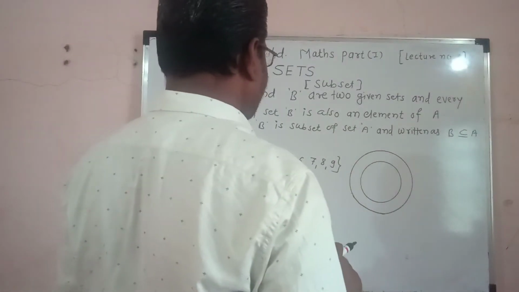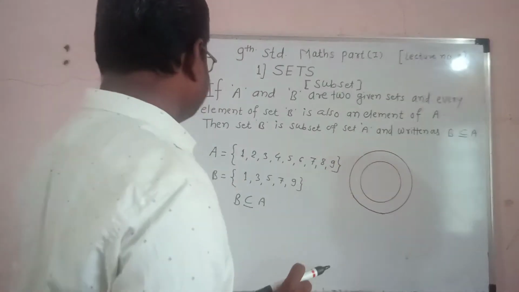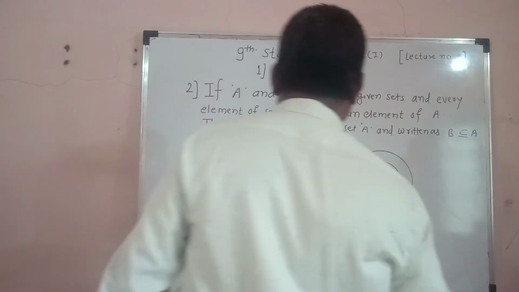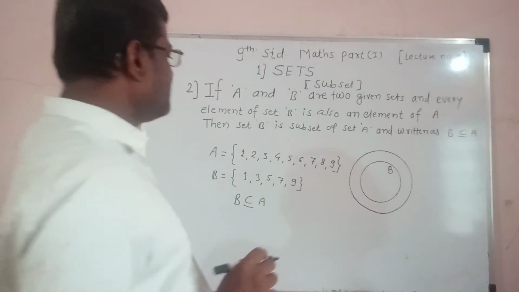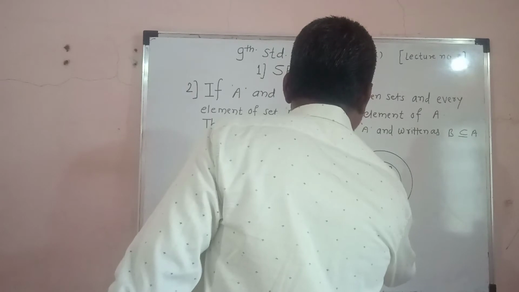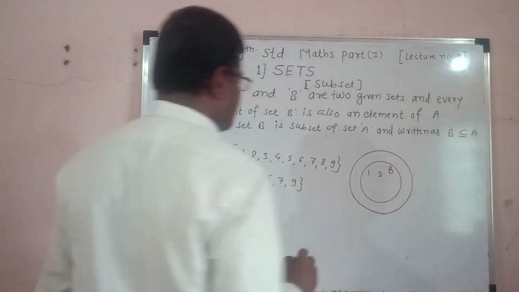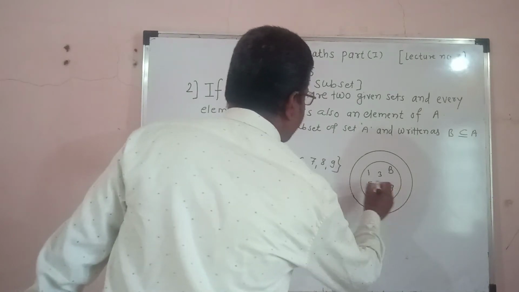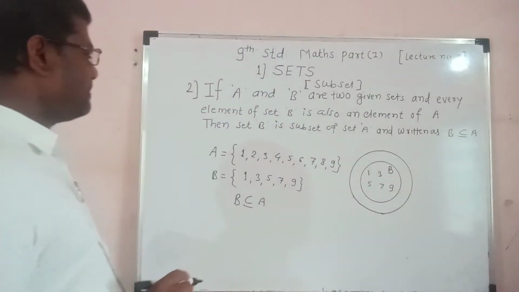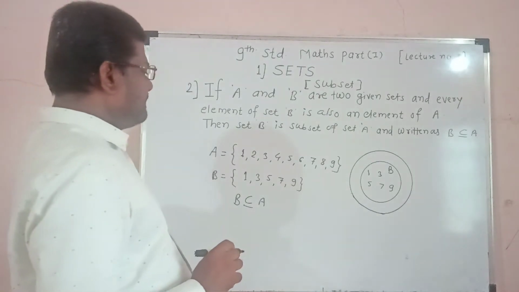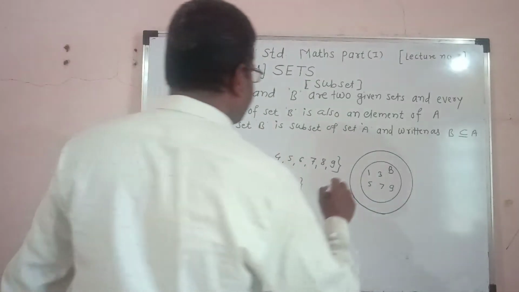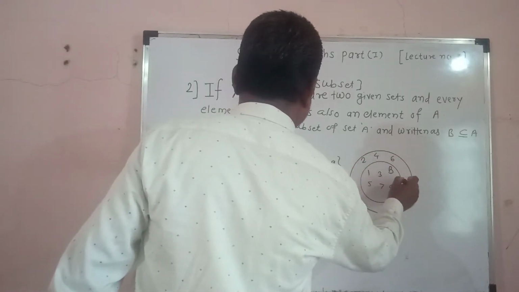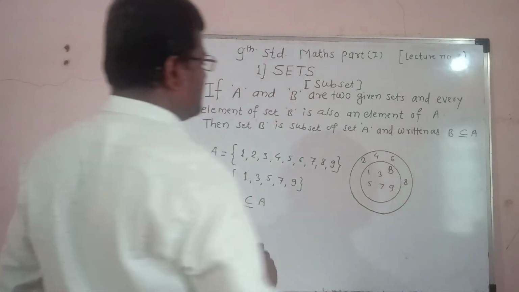And now we can write this in a Venn diagram. In the Venn diagram, the subset is written inside the circle, and its elements 1, 3, 5, 7, 9 are the elements of set B, and the other elements of set A, 2, 4, 6, 8.